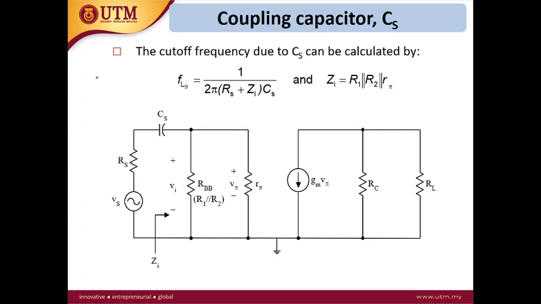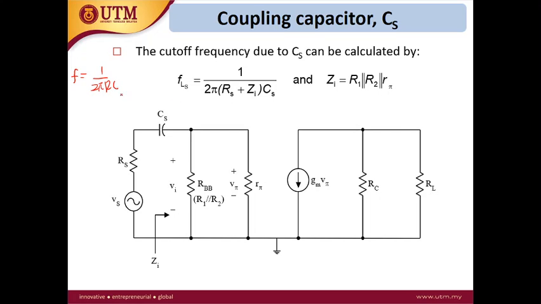The first step is we only consider the case where only the input capacitor CS appears. In this case, we use the cutoff frequency F equal to 1 over 2 pi RC.